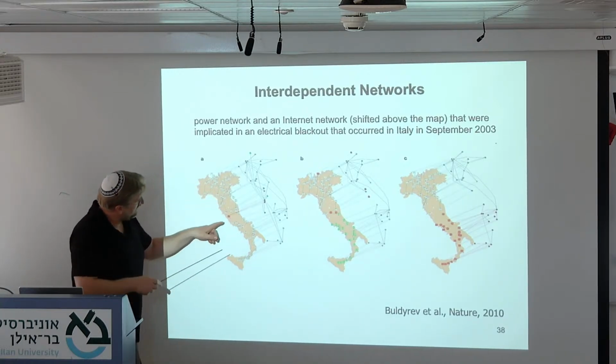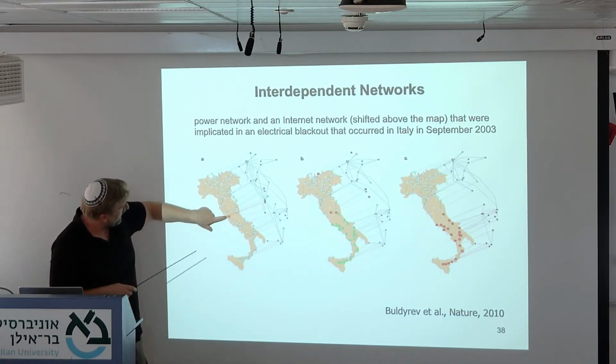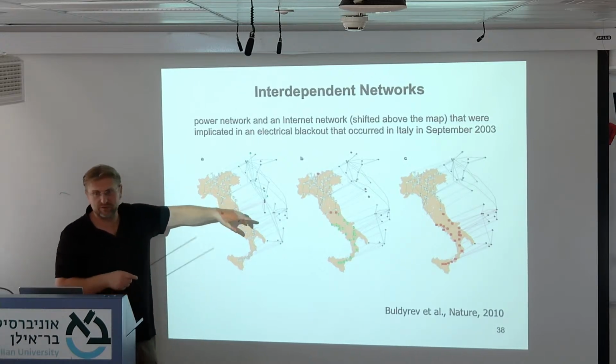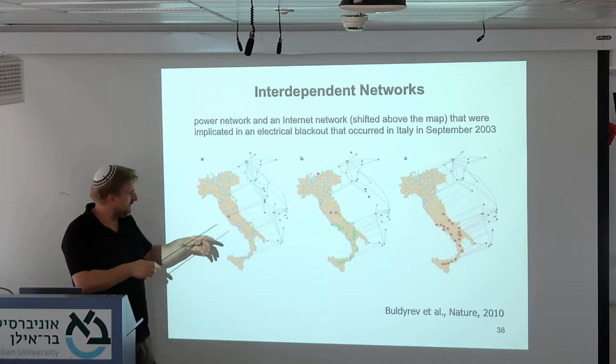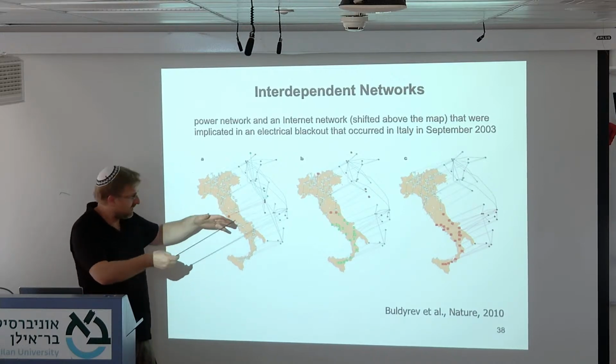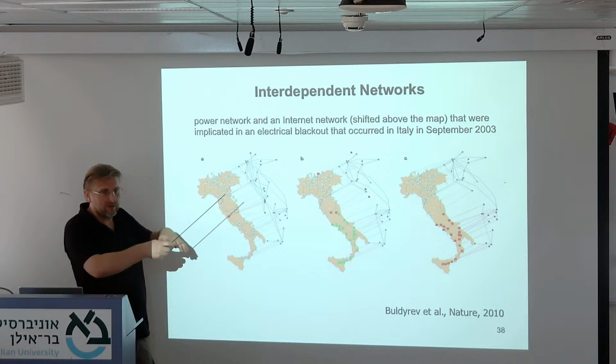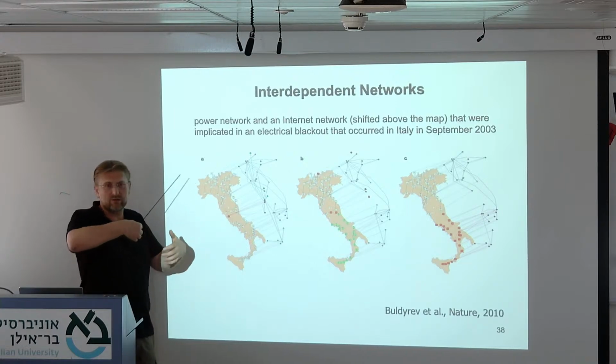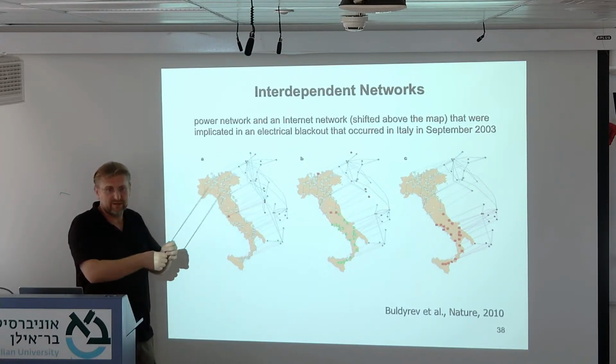And what you see here is that you have links between the power plants and the communication networks, because they need to communicate with other power plants in order to synchronize their activity, right?